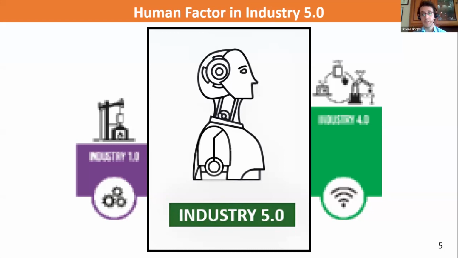Recognizing the limitations of this approach, Industry 5.0 emerged as a necessary evolution, a paradigm shift toward a more holistic and inclusive industrial framework. By integrating ergonomic principles, personalization interfaces, and adaptive technologies, we strive to create environments that are not only efficient, but also conducive to the well-being and flourishing of individuals.